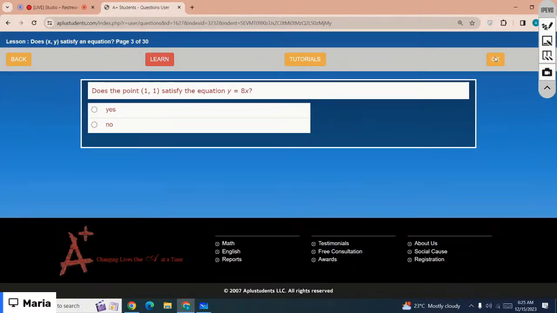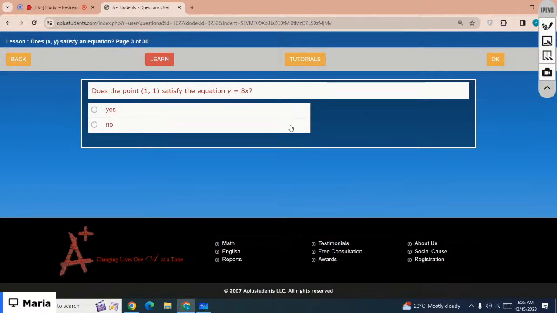Does the point (1, 1) satisfy the equation? Which is the correct option, yes or no? The correct option is no. Point (1, 1) does not satisfy the given equation, right?